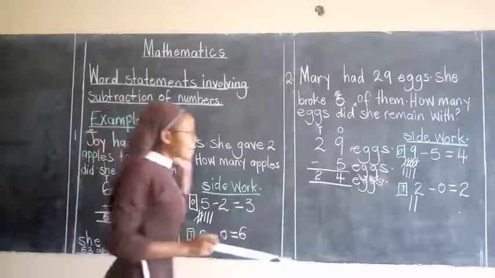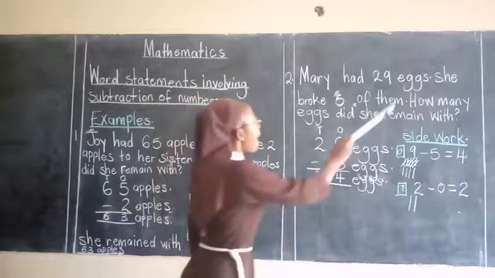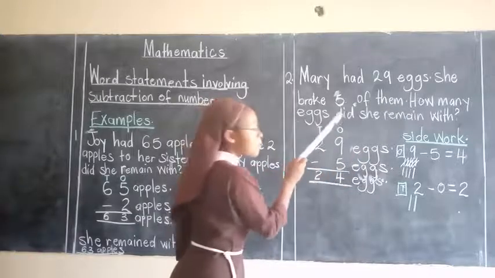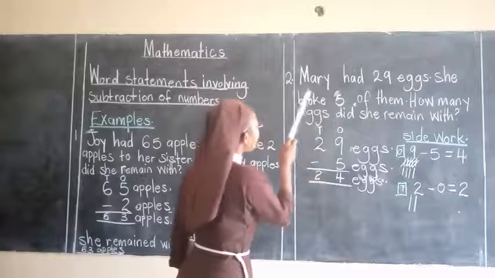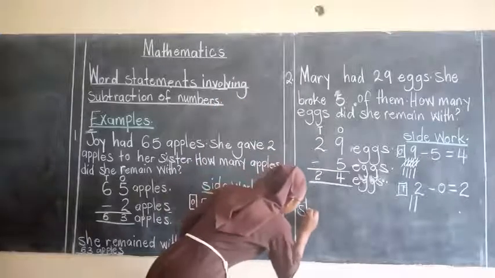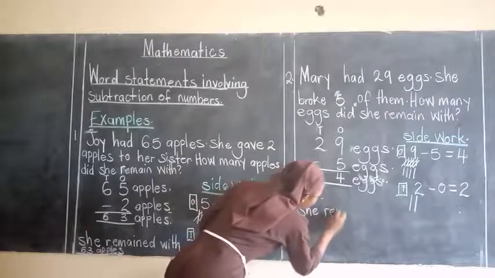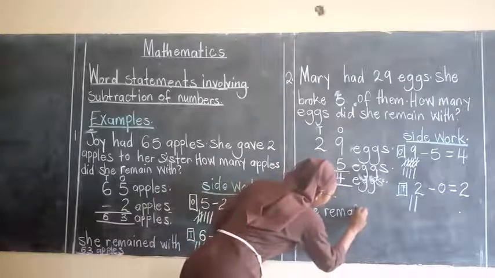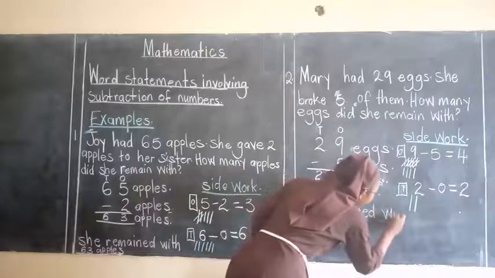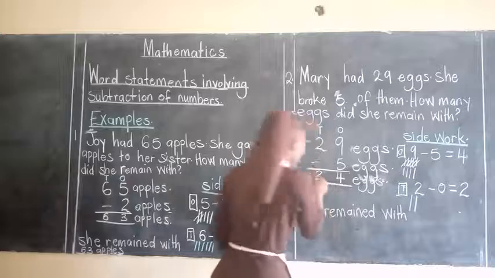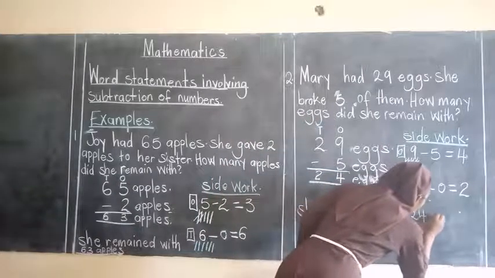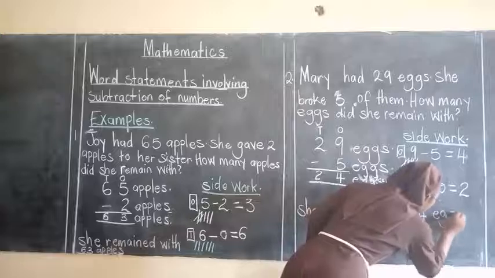As we did in the first example, they are asking us, how many eggs did she remain with? They want to know how many eggs Mary remained with. So we shall write, she remained with 24 eggs.